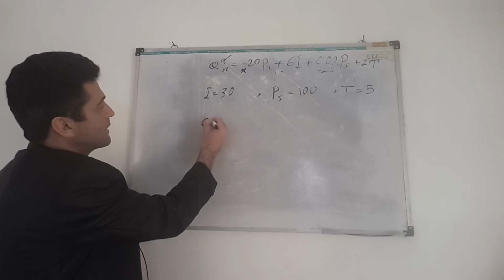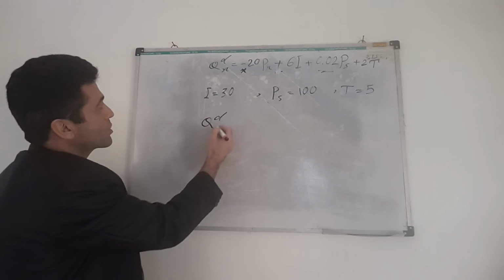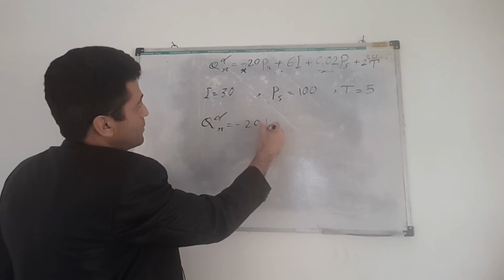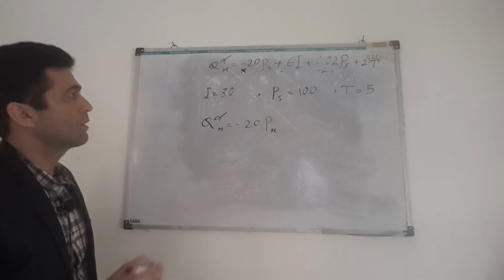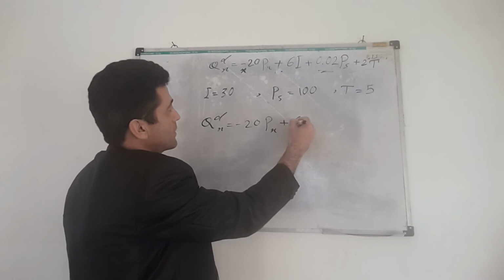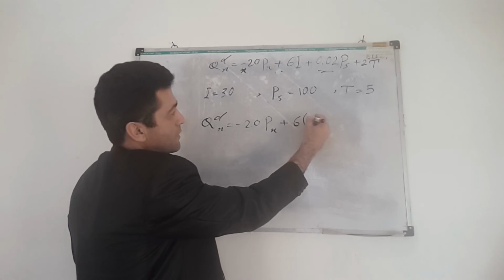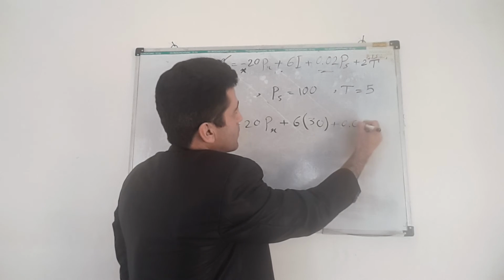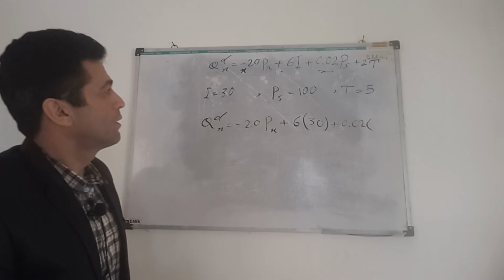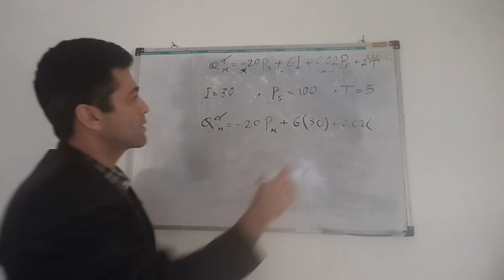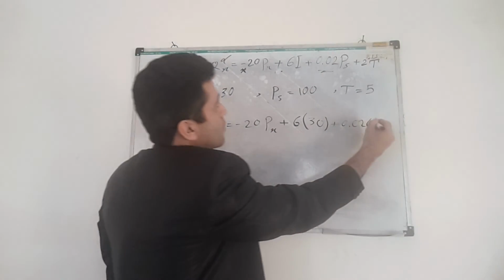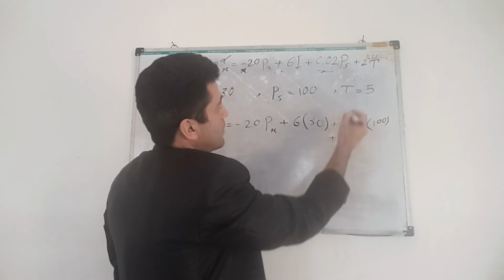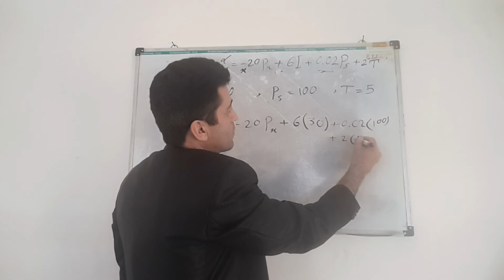So the demand equation for X equals minus 20 Px, plus 6I, 6 times 30, plus 0.02 Ps, 0.02 times 100, plus 2 multiplied by 5.